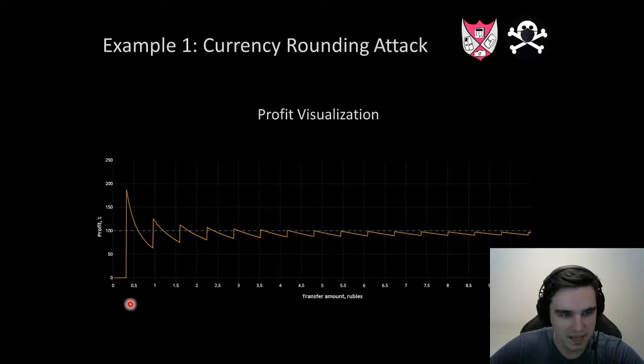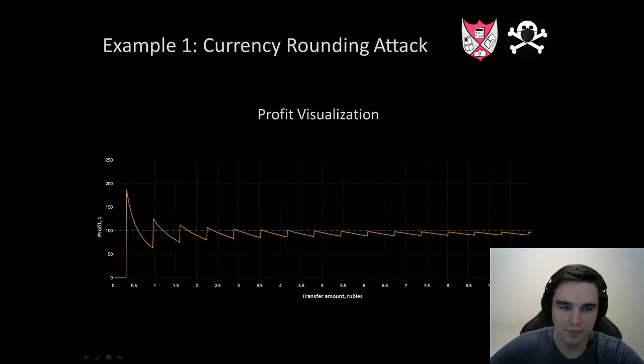In this case, the profit is the highest. If we send more, the profit is less, and after some specific moment, it is less than 100, so it is non-profitable for us.